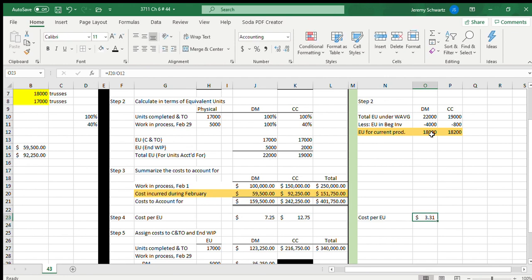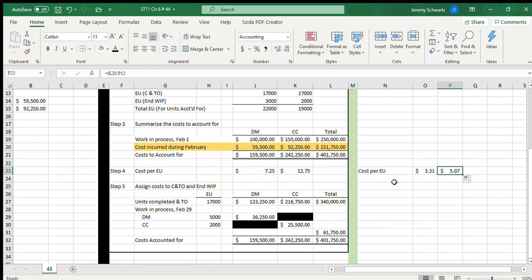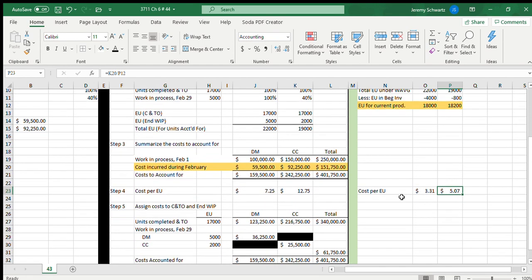We get 331, and just copying this formula over, we get 507. So 92,250 divided by 18,200.